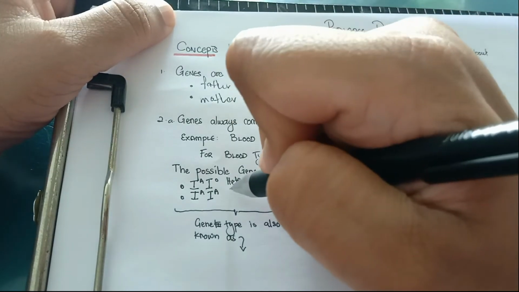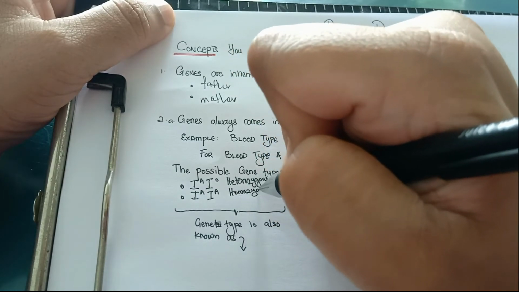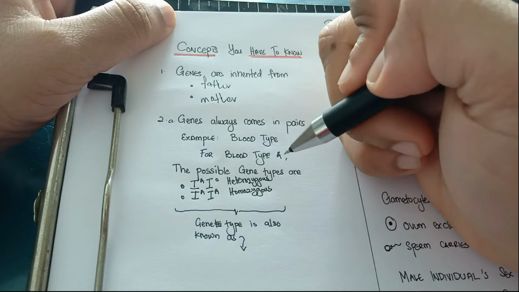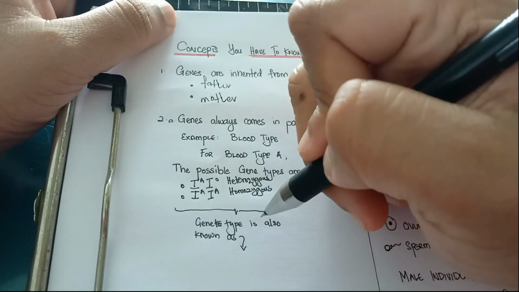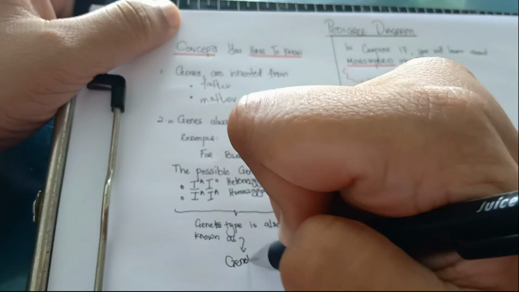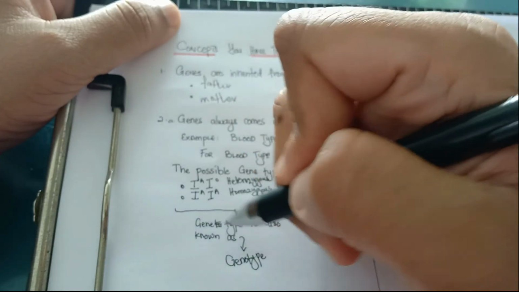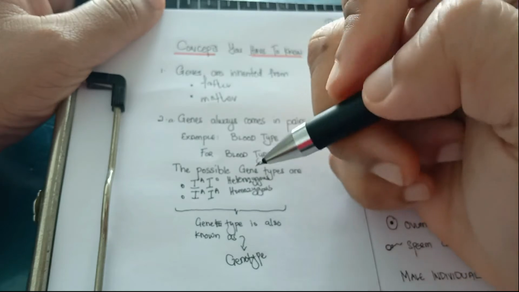The second one is what we call homozygous. Genotype is a combination of gene and type, genotype.